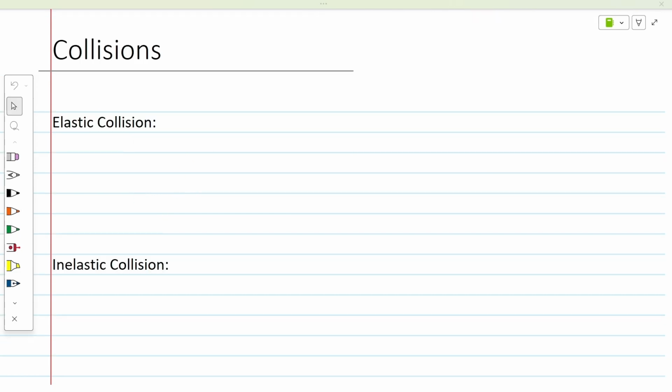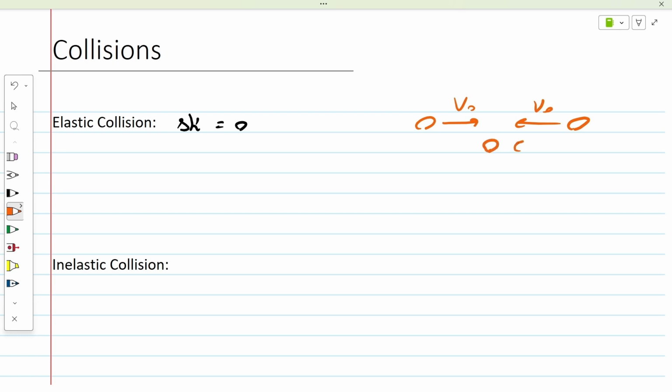So let's talk about the two main types of collisions. First we have elastic collisions. In an elastic collision, the energy is conserved. So the change in kinetic energy will be equal to 0. What will that look like? Let's say we have two balls traveling at each other, both moving at the same initial velocity.